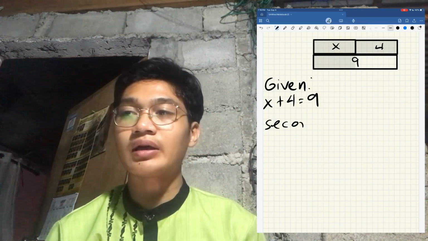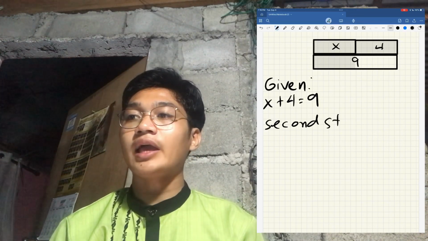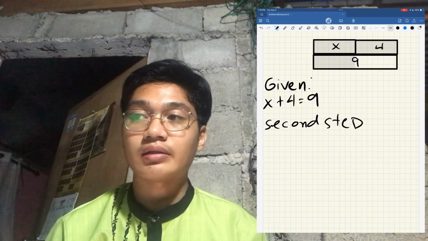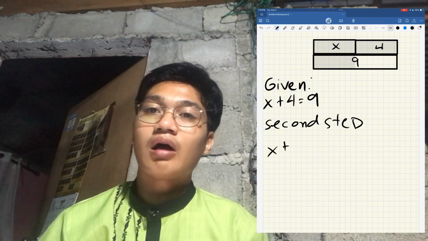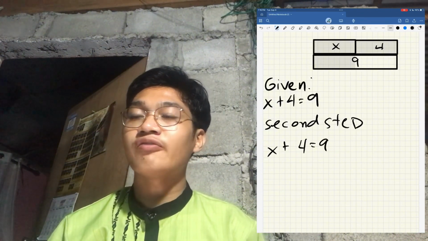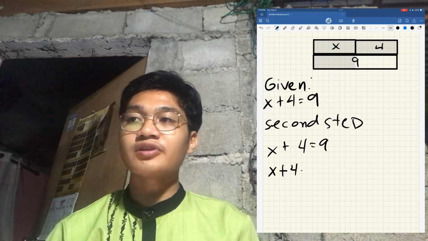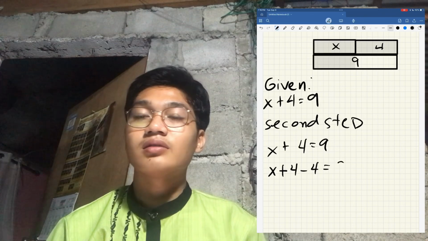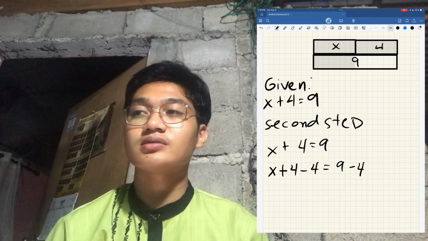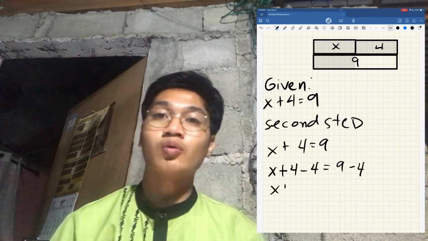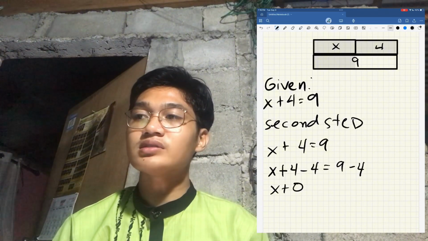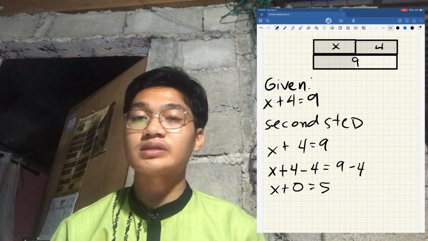I have another equation. x plus 4 is equal to 9. So let's find our value for x using the bar models. So first, let us separate the right and left sides to make it a whole. Second step, subtract from both sides.